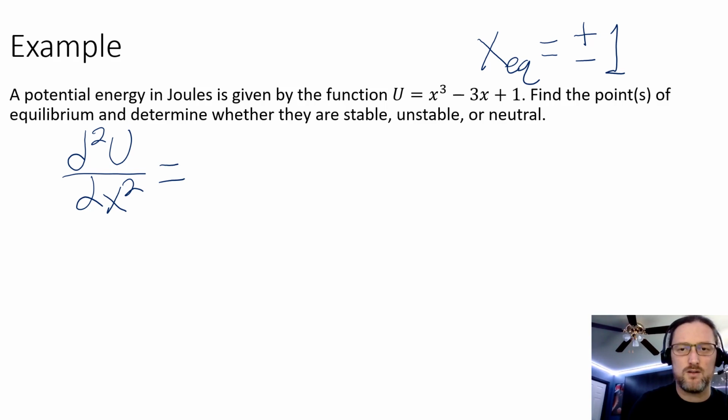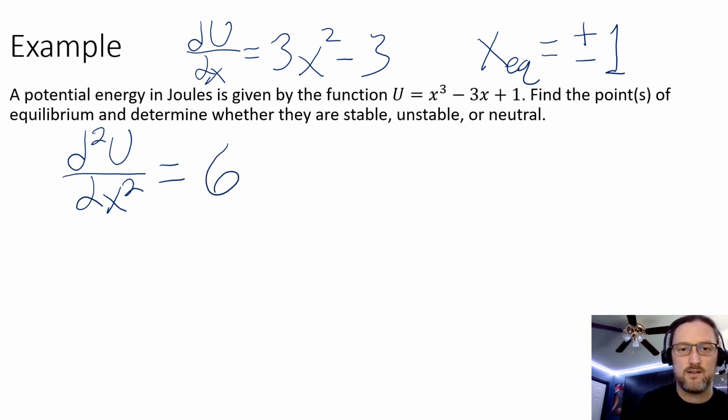Well, I take another derivative. Let me write that down. First derivative, make sure I get it right, 3x squared minus 3. Yeah, so now I take another derivative and I get 6x, right? And that's it. I want to evaluate this.